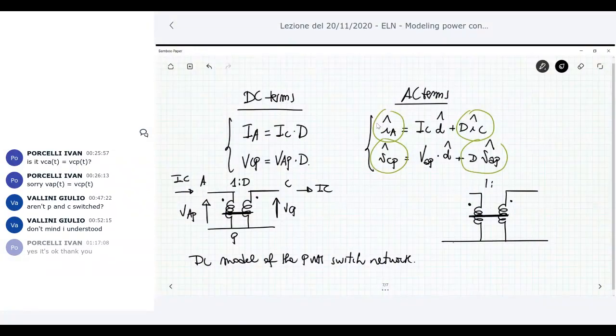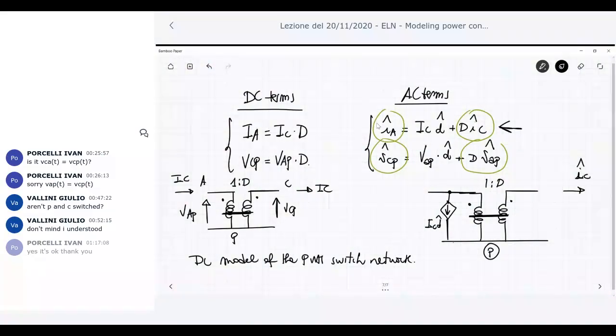Here the same, the turn ratio is D. Then, as you can see, this is the summation of two currents. So we can consider this as a node in which you have two currents flowing, using the Kirchhoff current law. It means that you can have a current source like this, which is IC d hat, and IC is something that exits here.